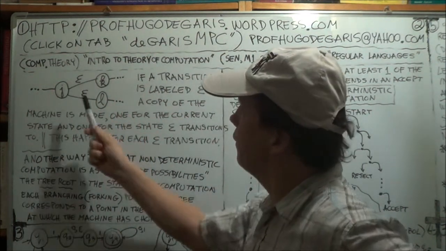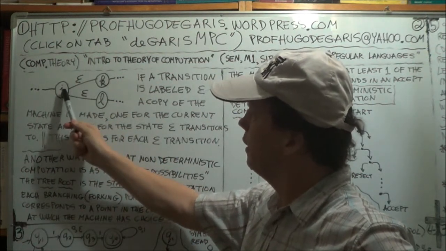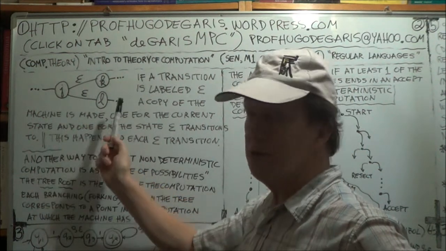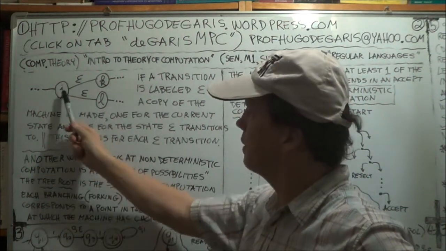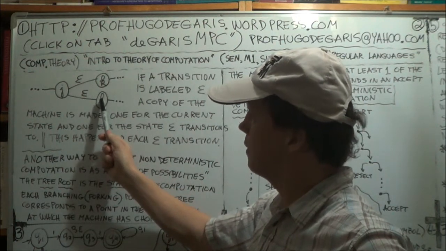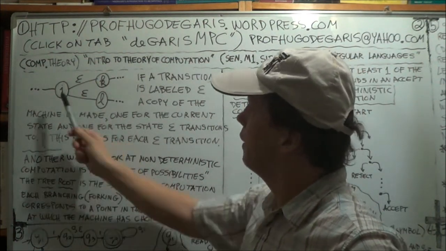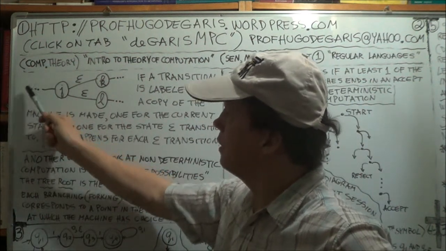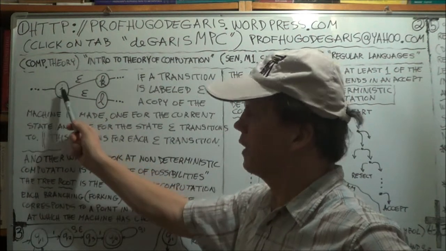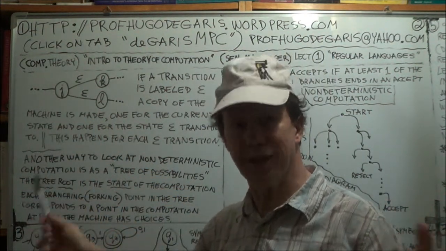Now, if there's more than one transition coming out here, also with an eta on it, you just do the same thing. So you would make a second copy and put its current state as L. So as you come from this state here, whatever it is, to here, and you see these two etas, then instead of having one machine, suddenly you've got three in three different states.